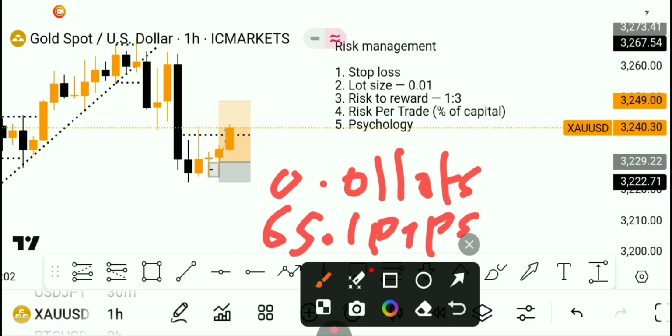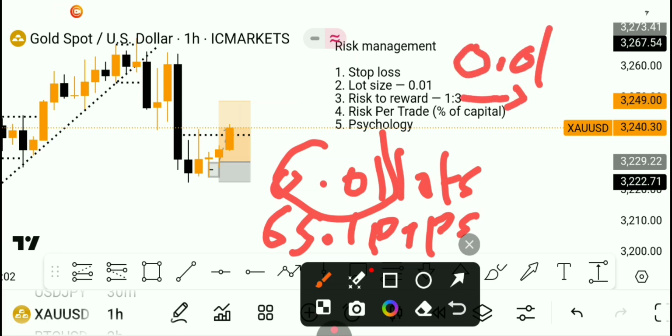Then if I want to calculate how much I am risking on this particular trade, each pip movement is based on the lot size I'm using. 0.01 is equivalent to $0.1 for every pip movement, right? Then my risk will be what?